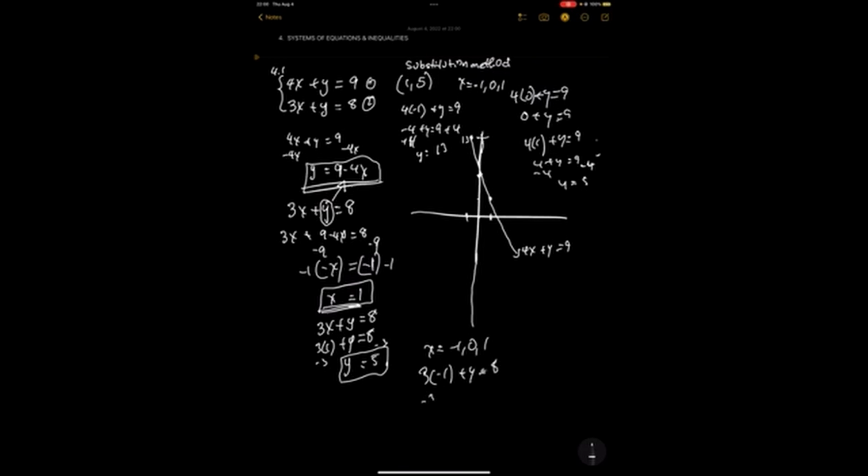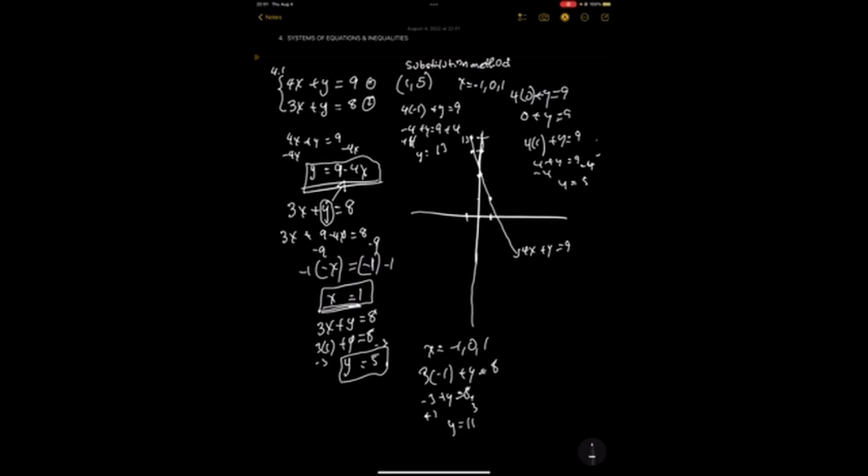So we have negative 3 plus y equals 8. I'm going to add 3 on both sides, so I get y equals 11. So at negative 1, we get y equals 11. Let's say this is 11 right here, and something like this.